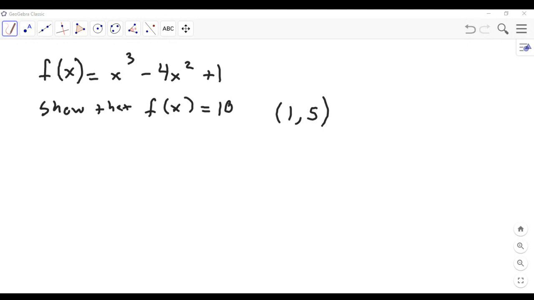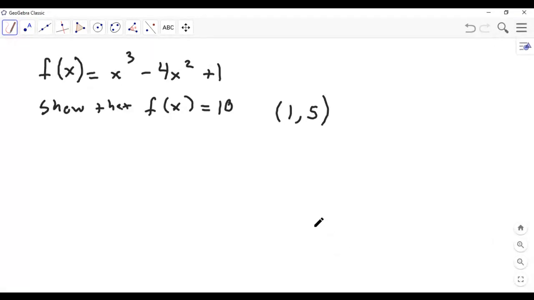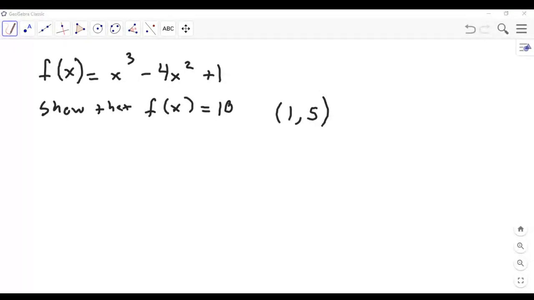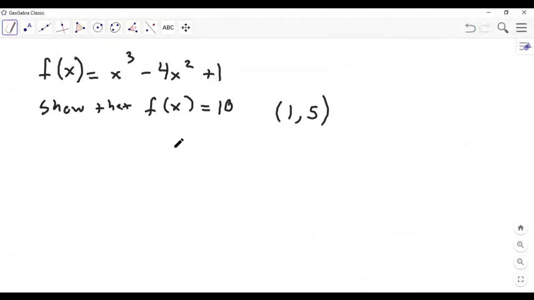All right. So in this case, did you manage to show that there was a value such that f of x was equal to 10? No? All right, that's okay.